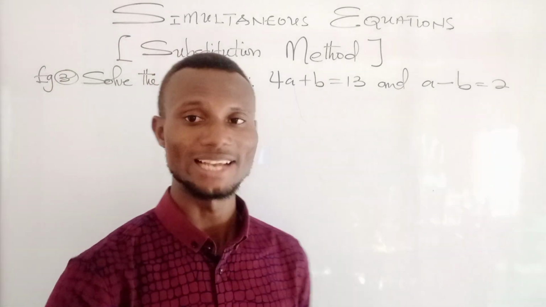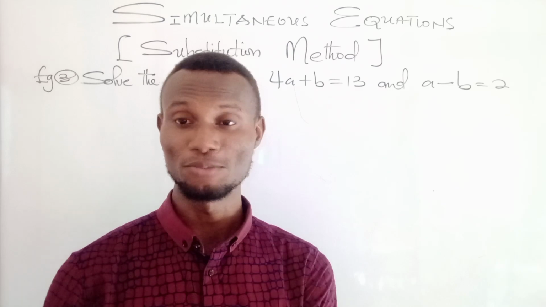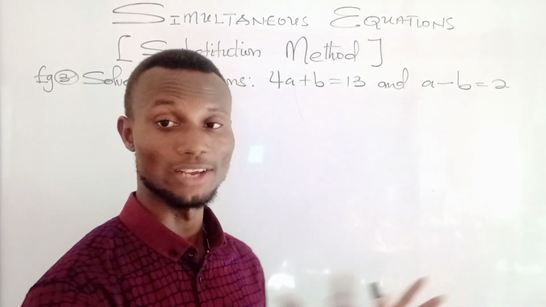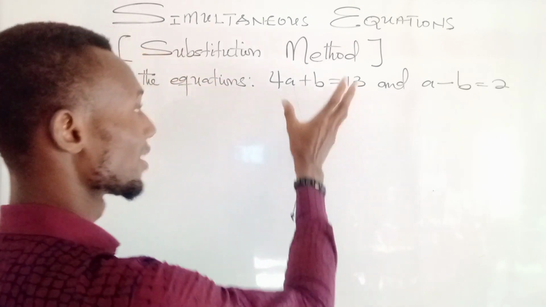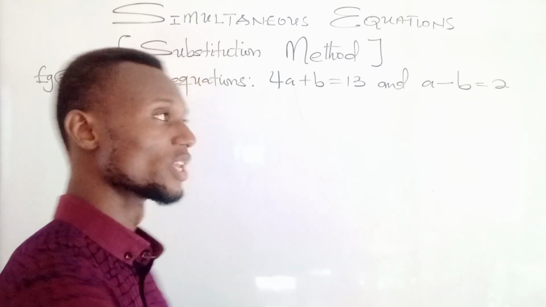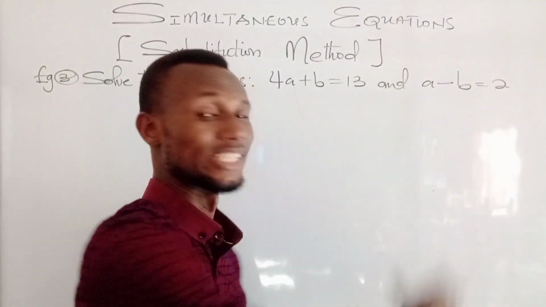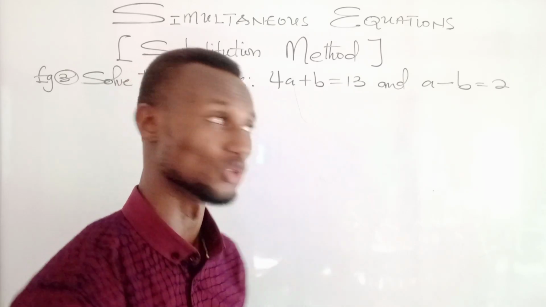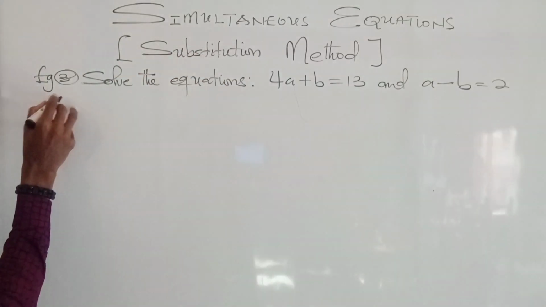As I've explained to you from the previous videos, we are going to label the equations given. We are going to take the first equation and label it as equation 1, and we are going to take the second equation and label it as equation 2. That's the first step. Let's go ahead and solve it together.